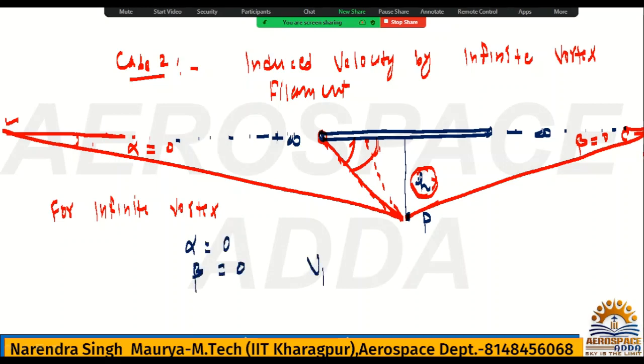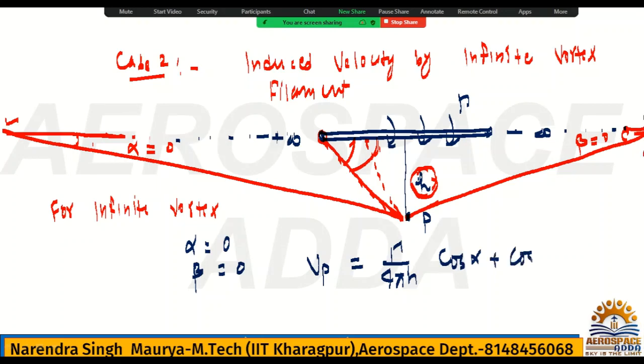So what will be the VP? VP is nothing but circulation, because here we have circulation upon 4 pi h cos alpha cos beta. What is cos 0? It is 1. So what you may get? Circulation upon 4 pi h, and here it is circulation upon 2 pi h.